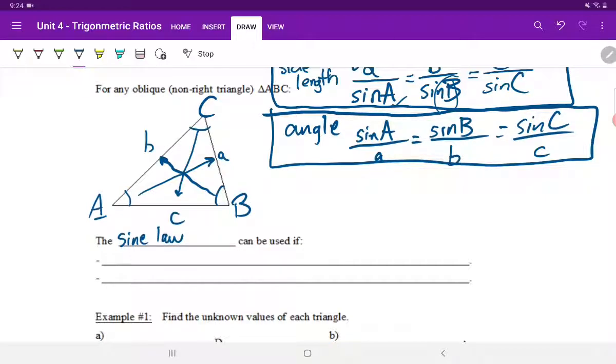can be used if you're given, okay, an angle and opposite side length, plus another angle in the triangle.